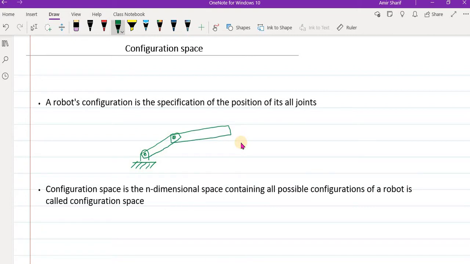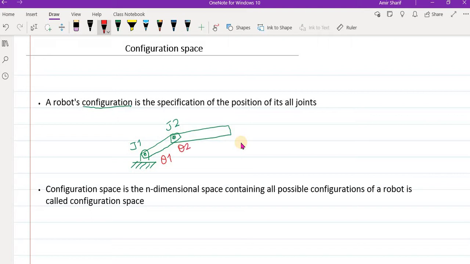The definition of the robot's configuration says that it is the specification of the positions of the joints. So we have to specify the position of joint 1, J1, and J2. How can we specify the position? Because it can only rotate, this is only angular position, and this can be specified by angle theta 1 and the joint 2 by theta 2.